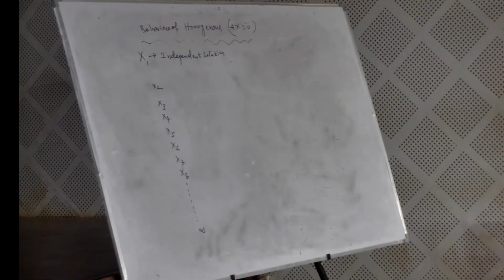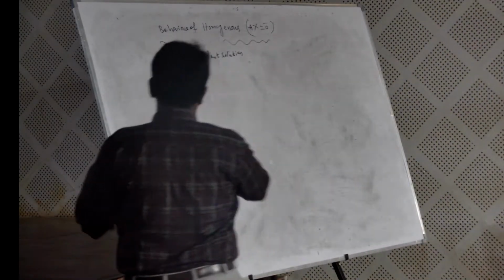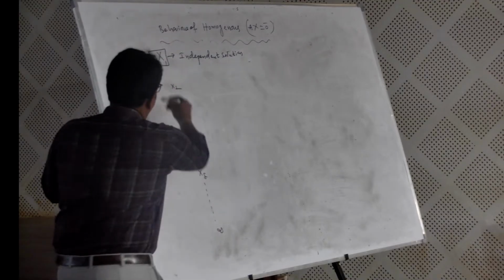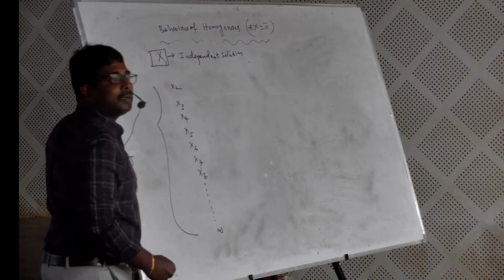Like captain of the ship, captain of the team, a class representative of the classroom, a leader of some community. He is independent. Suppose if x1 is independent, then remaining all are depending on the x1.